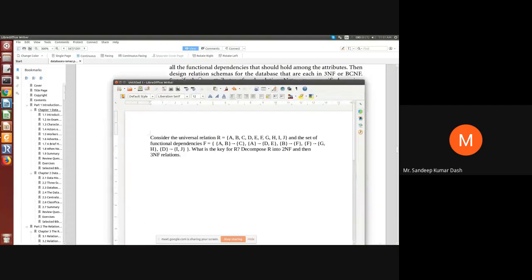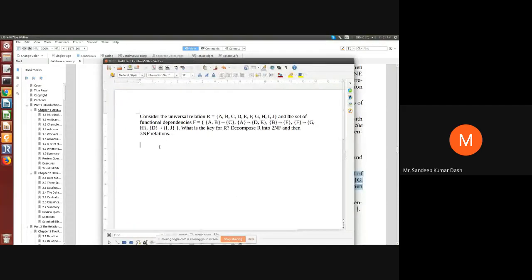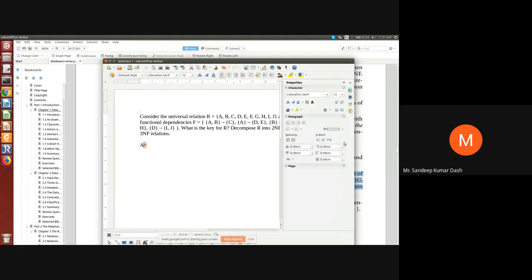Do it, then tell me. First thing is finding the closure. Say I am finding A plus, with the plus as a superscript. What will be A plus?